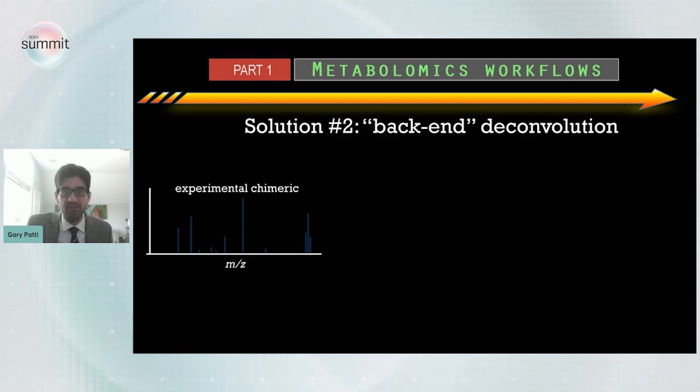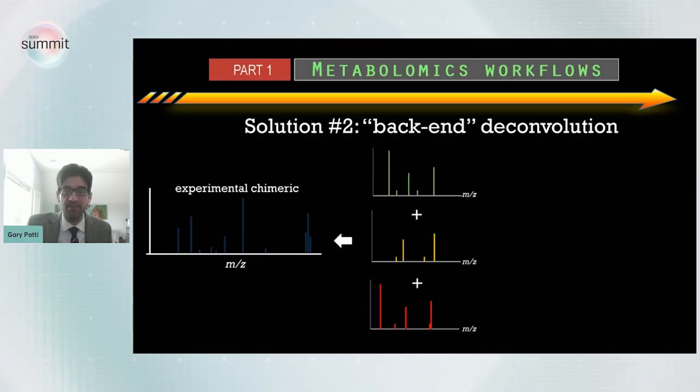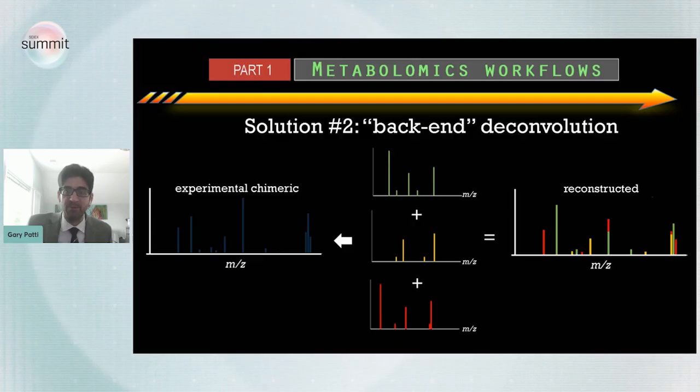There are also ways in which you can do back-end deconvolution, where instead of trying to deconvolute your experimental data, you take the MS data in the databases and convolute it to generate your experimental data. So you're not deconvoluting, but convoluting the reference data and reconstructing the experimental data.